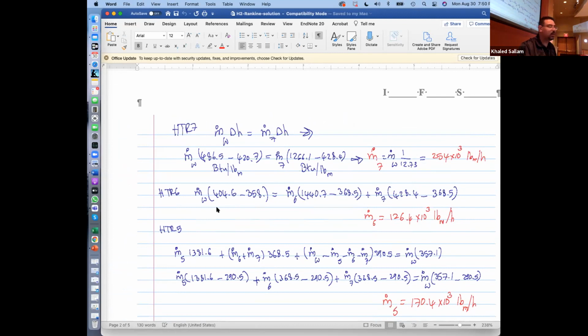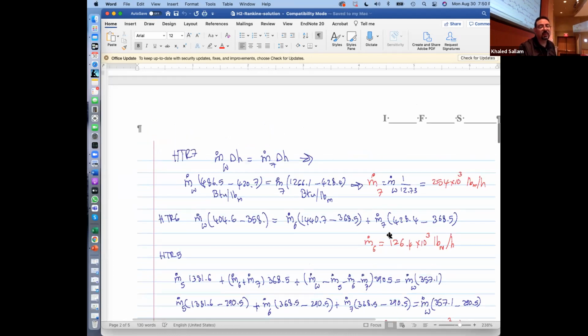So I wrote it such that I know what's being heated by whom. So m dot water is being heated this much by m.6 going this way and m.7 going this way. This is another way to write it. It's not the most straightforward. The most straightforward is energy in equals energy out. Right? And you can get m.6.